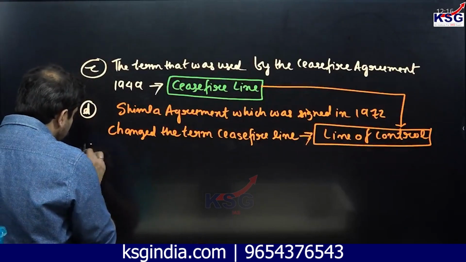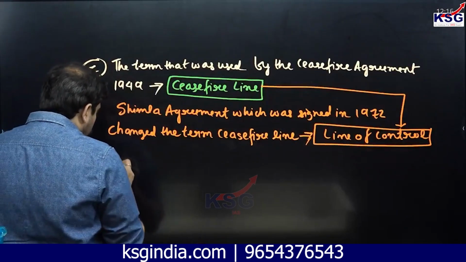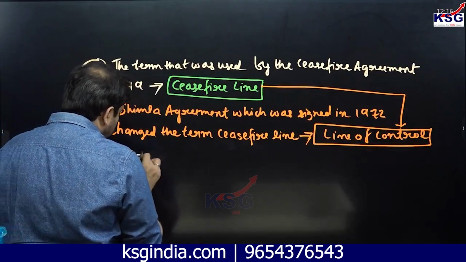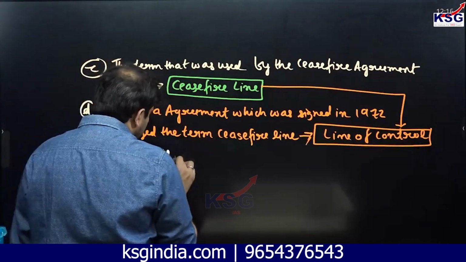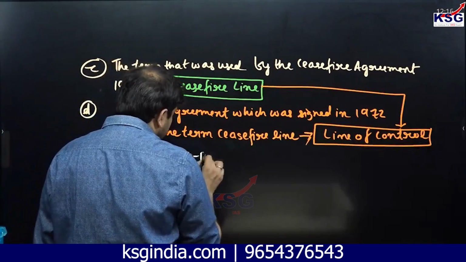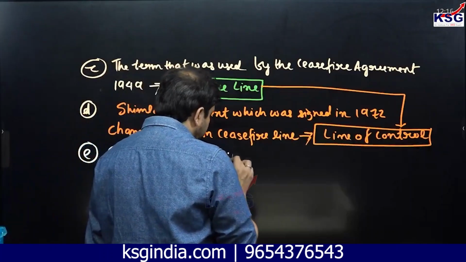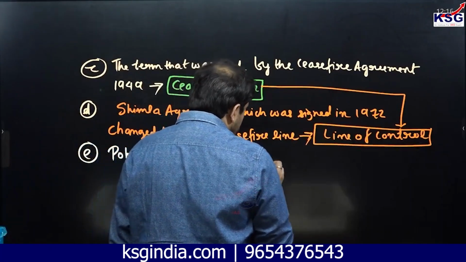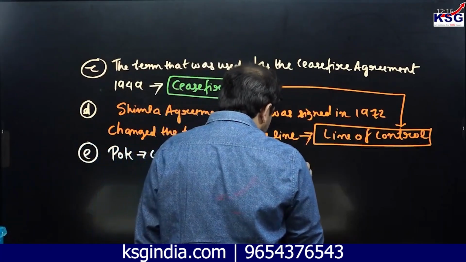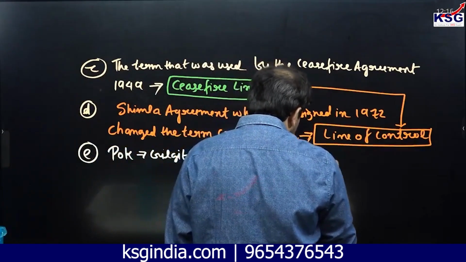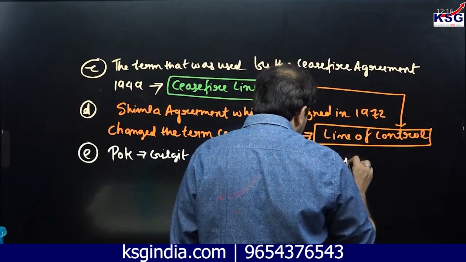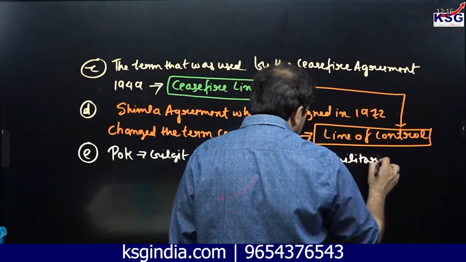Now, just to add to this, the POK region, which is also known in geographical terms as the Gilgit Baltistan region, is currently militarily occupied by Pakistan.